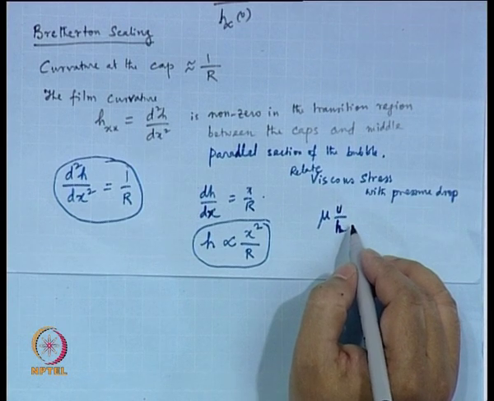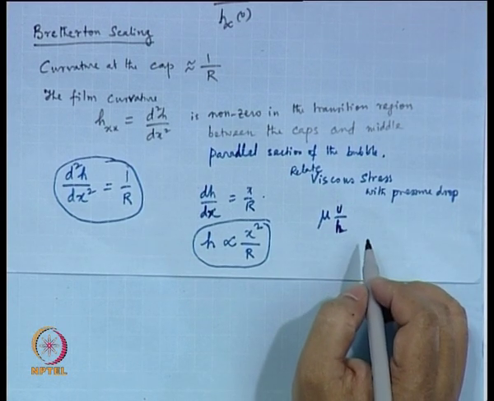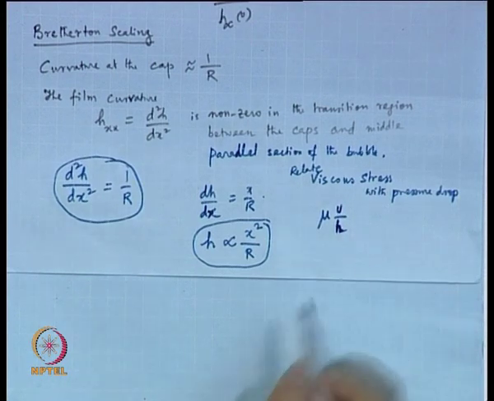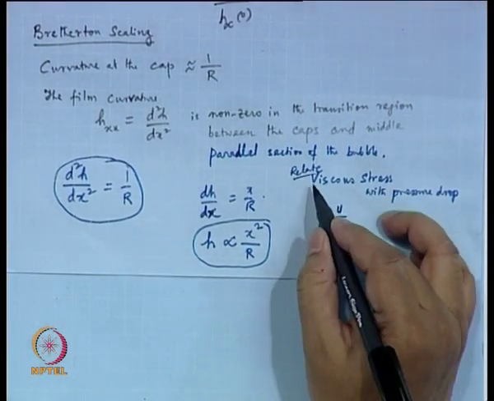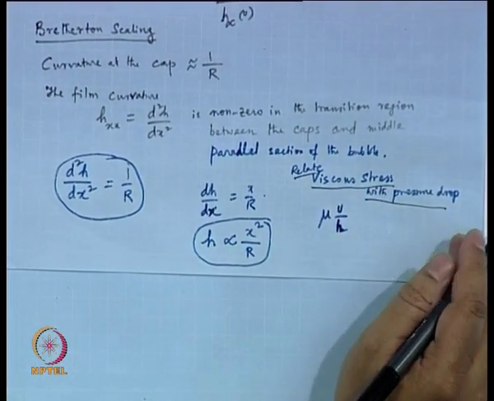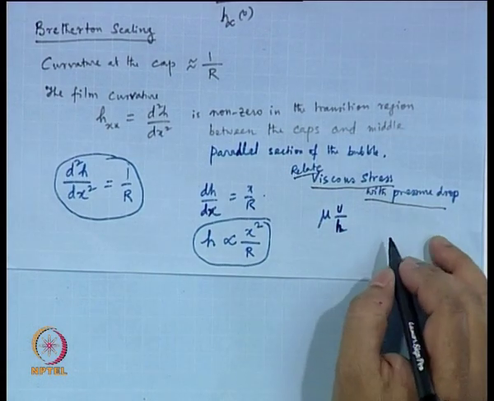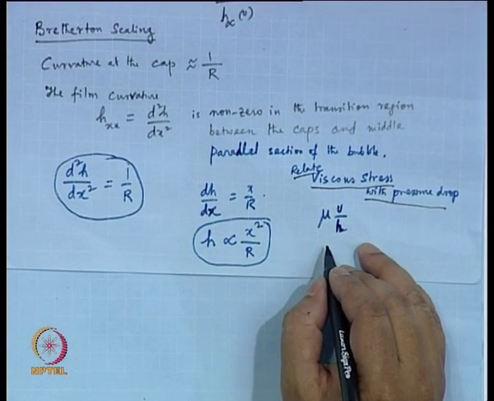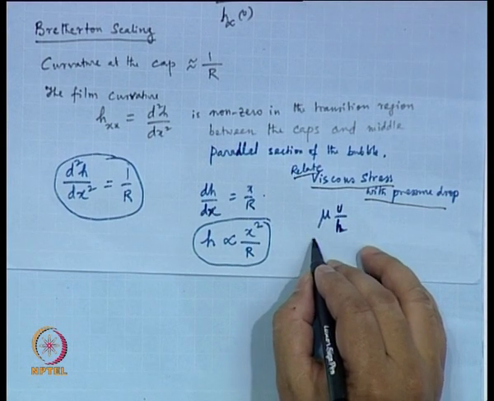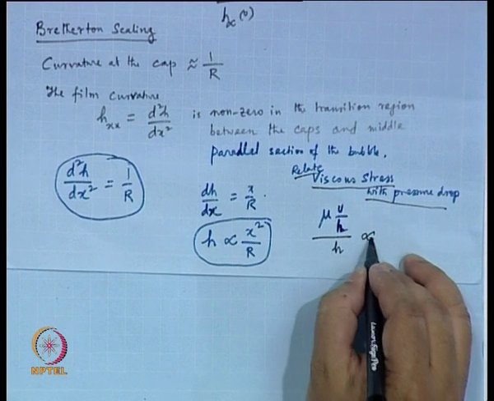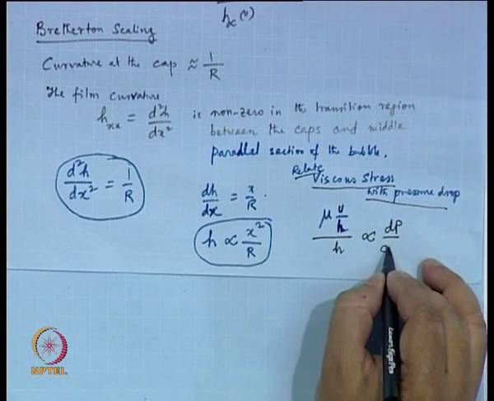So, it is mu u by h. Now, when you relate viscous stress with pressure drop, you would be writing mu u divided by h, divided by h, is proportional to dp/dx.